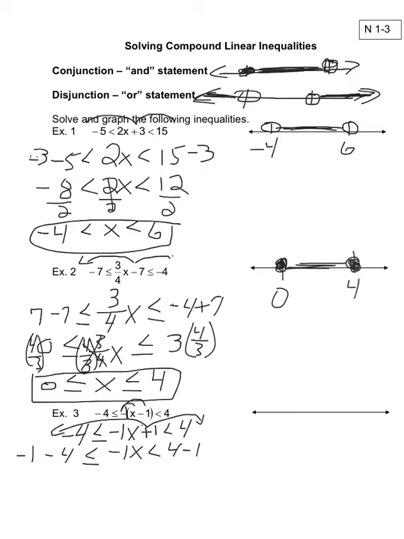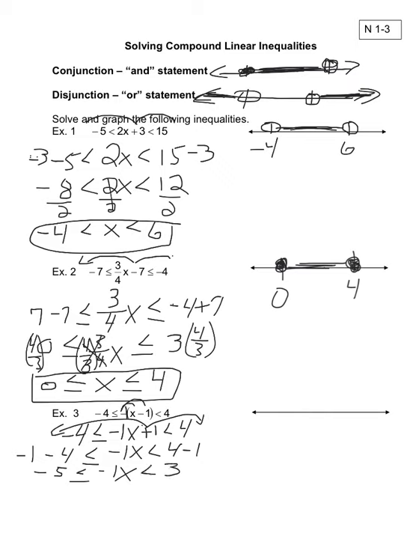Too easy, right? Okay, let's clean it up. -1 minus 4 is -5, is less than or equal to -1x, which is less than 4 minus 1, which is 3.